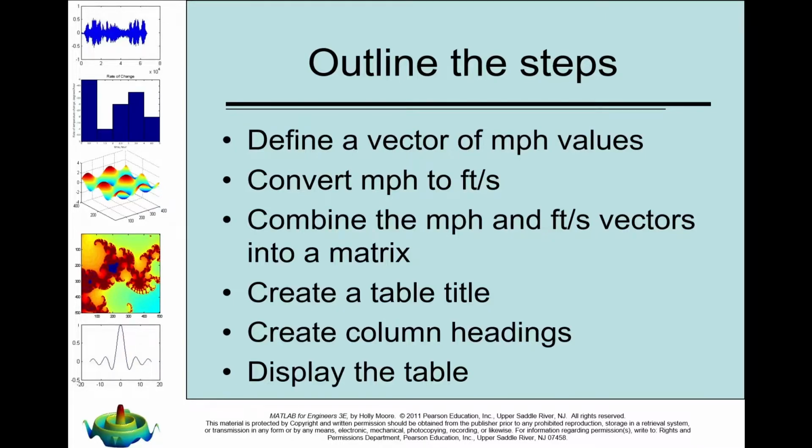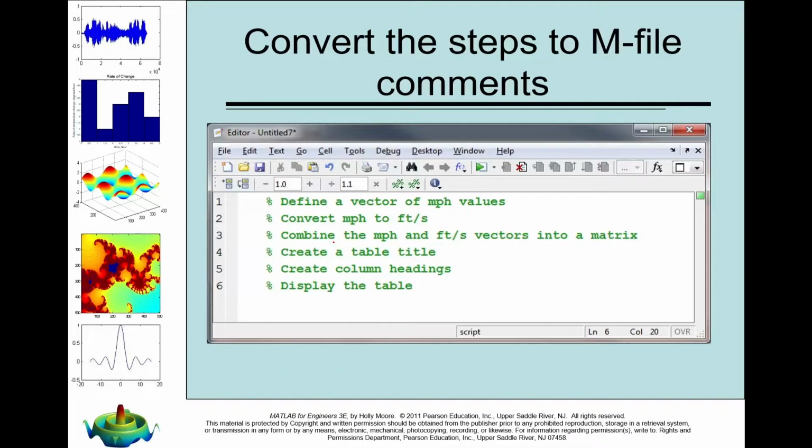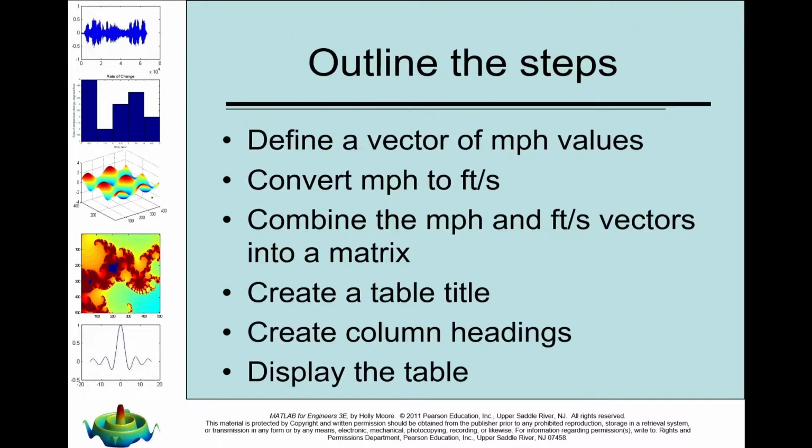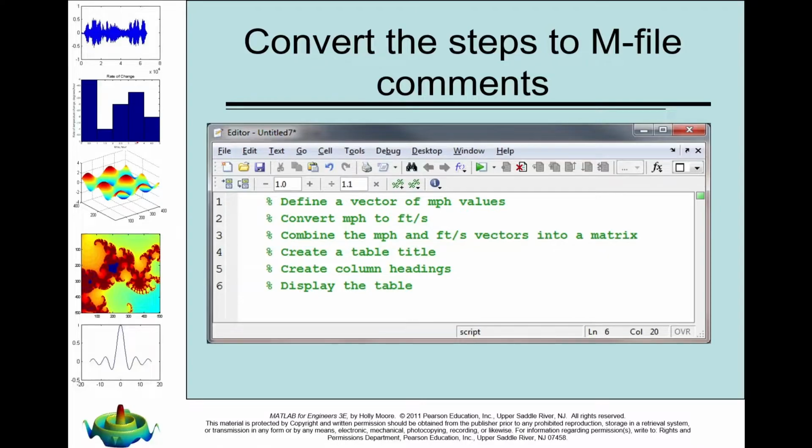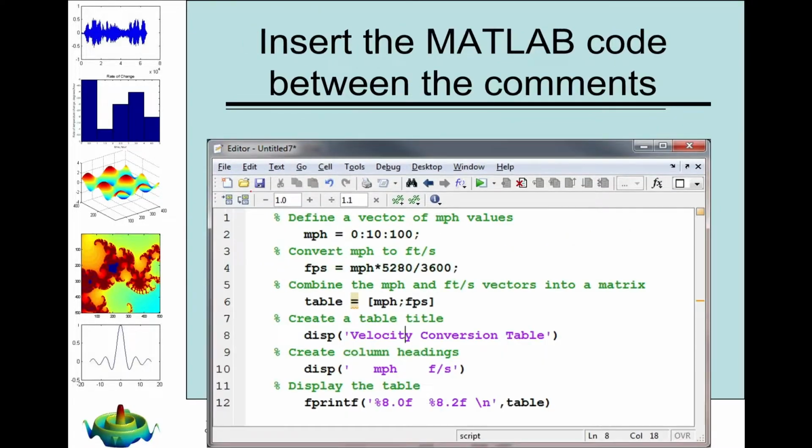Okay, once you have completed this outline, or you have identified all the steps that you need to do, now you copy and paste them into an M file as MATLAB comments. Okay, see? This means we copy all those steps that we outlined earlier as comments, so we have to use the percentage sign. Okay, after that you insert the appropriate MATLAB code into the M file.